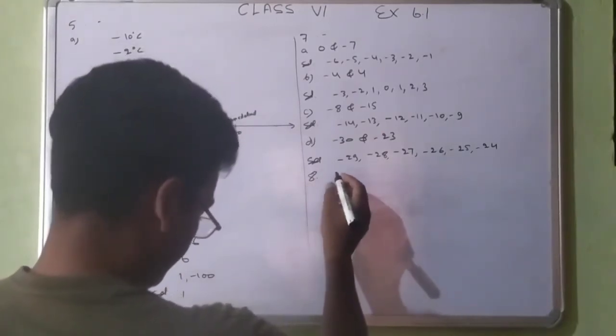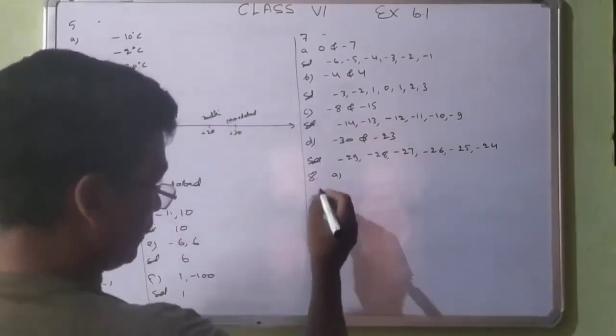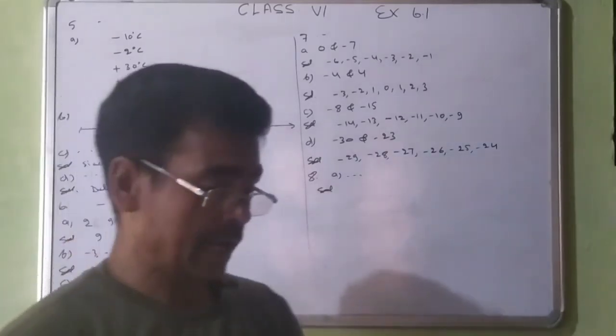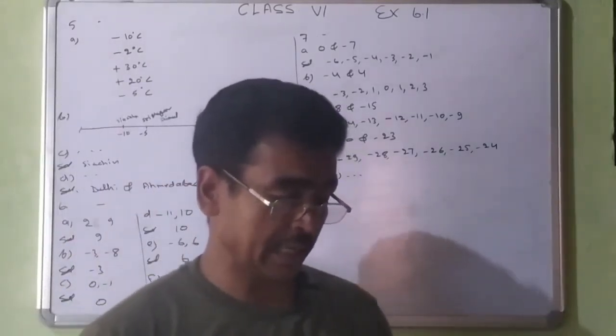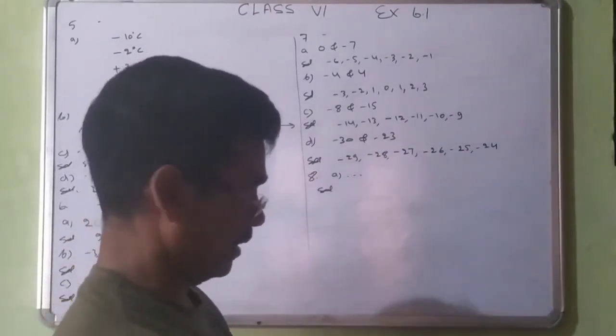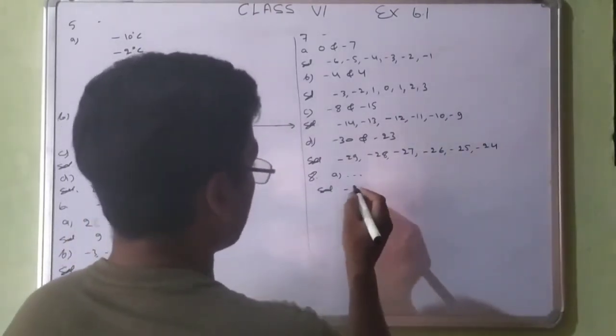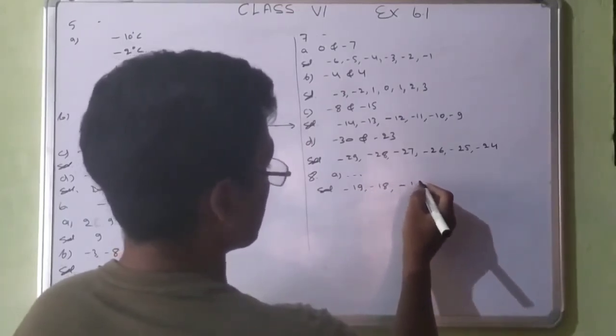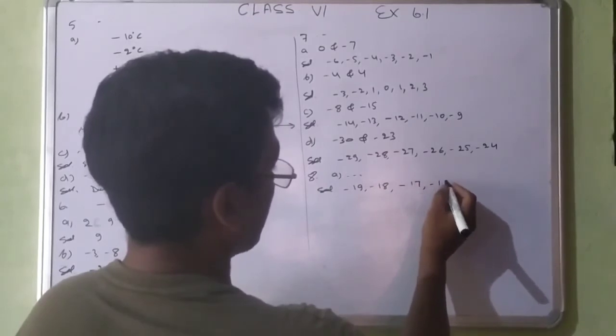Eighth question, A part, write 4 negative integers greater than -20. Greater than means -19, -18, -17, -16.